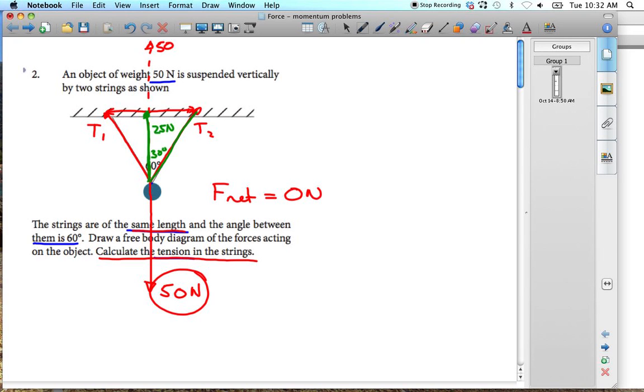This would be the tension. So I'm going to get adjacent, which is 25, over the hypotenuse, which is T2, and that would equal the cos of 30 degrees. So T2 is equal to 25 divided by the cos of 30 degrees.